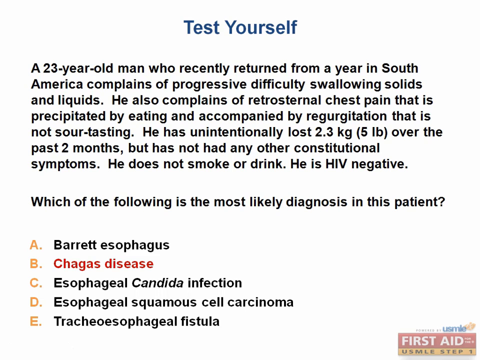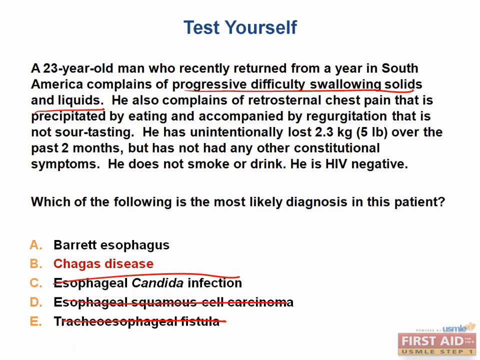Let's go through this. So, in this patient, he complains of progressive difficulty swallowing solids and liquids. This signifies a probable neuromuscular dysfunction rather than a fixed mass, which you would see in esophageal squamous cell carcinoma, candida infection, or tracheoesophageal fistula, so we can cross these out.